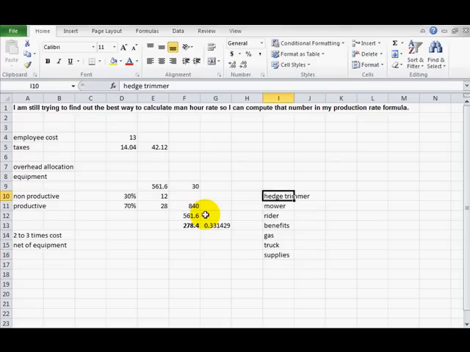Now, in all reality, some people might call hedge trimmers and mowers and riders and the truck fixed costs. And they are, meaning that if you went out and you financed this stuff, let's say, we're just going to make something up, for all your equipment you have a $700 a month payment on the equipment, the truck, and the trailer and everything that went into doing this.